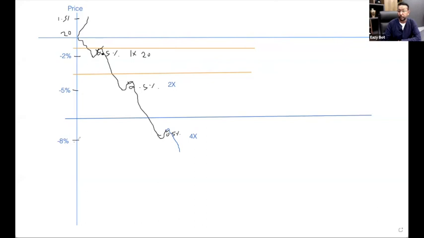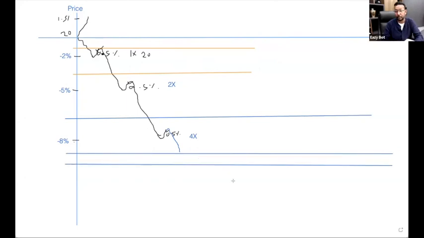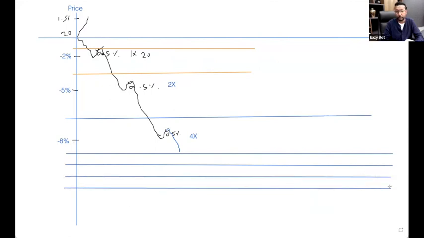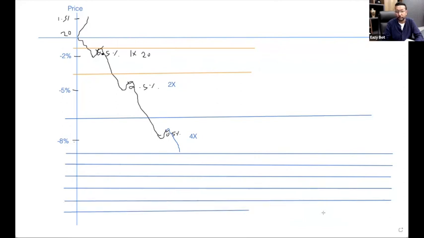So from this point onward, we will have a kind of grid. We will have covers available almost every 1%. It's not exactly 1%, but I'm just giving it as an example. I don't want to put too many complications here. So it goes down to more covers or more trades to open.